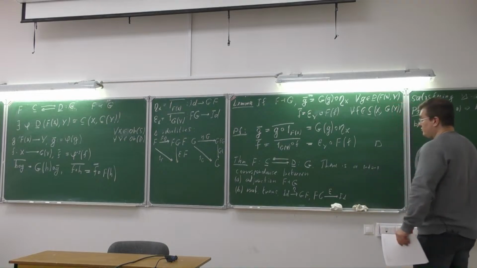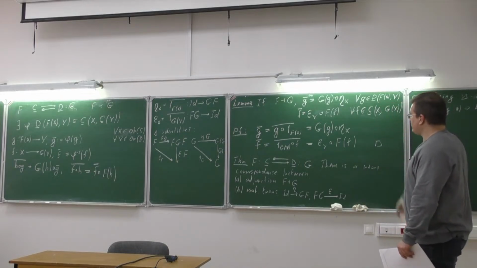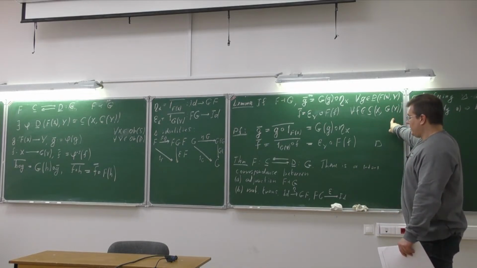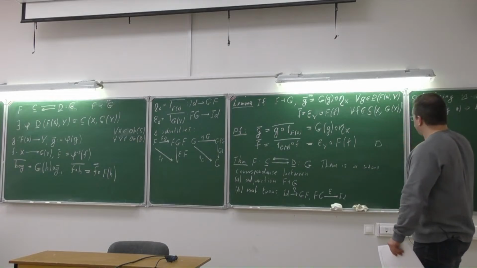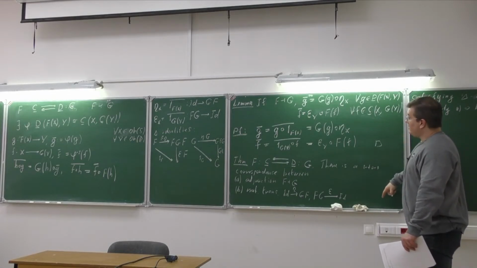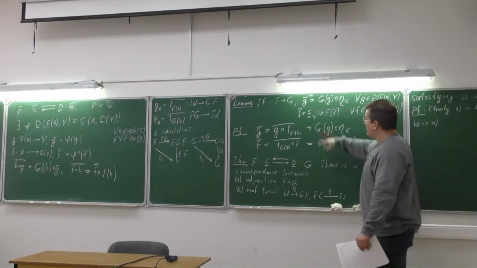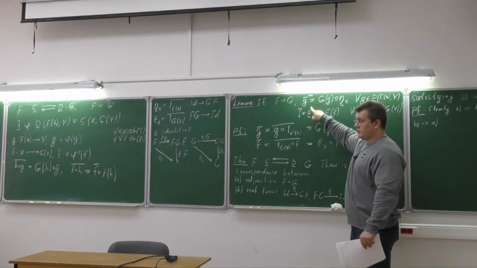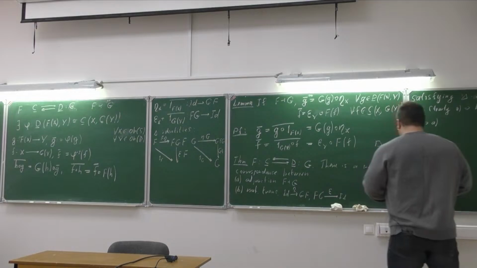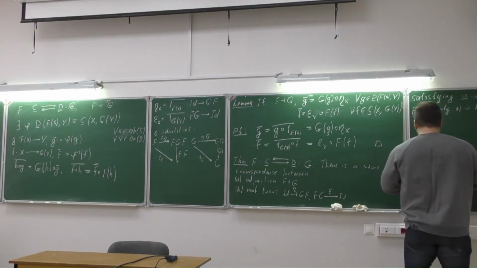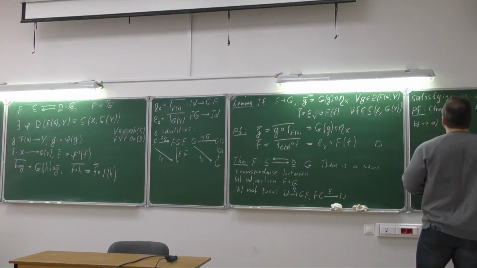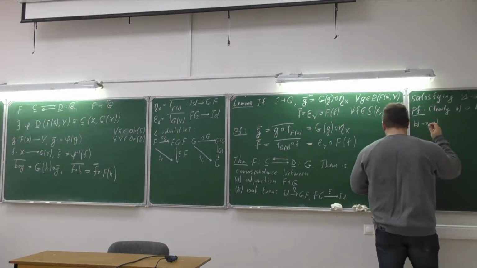Well, the first key observation I already told you is this lemma, right? If we have this information, these maps satisfying triangle identities, we can just define g bar and f bar using these formulas. So let me write this.